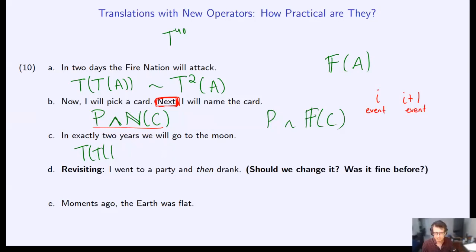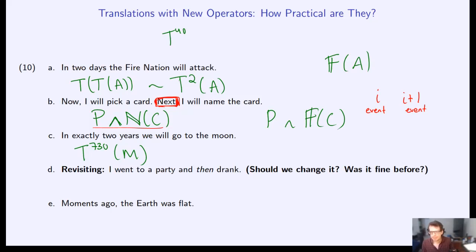But luckily we have this little shortcut we can write. We can write T of 730 to say in 730 tomorrows, which is exactly 2 years, we will go to the moon. That's a little bit better than writing something like in the future we'll go to the moon, because this is more precise.